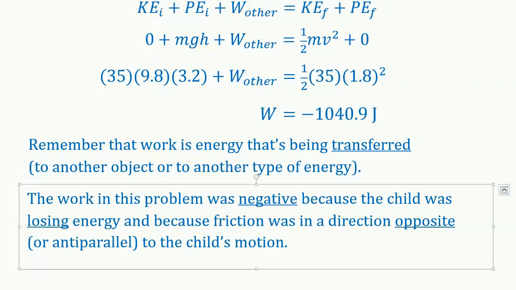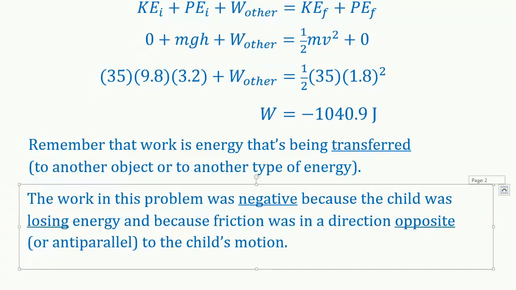So there's a couple of reasons why you should kind of buy that this work should be negative. The child is losing energy, so energy is being taken away from him, transferred away from him. So that's one reason you can think about this work being negative. And also because the work is being done by friction, and friction is opposing the child's motion. That's the other convincing reason why work should be negative here.